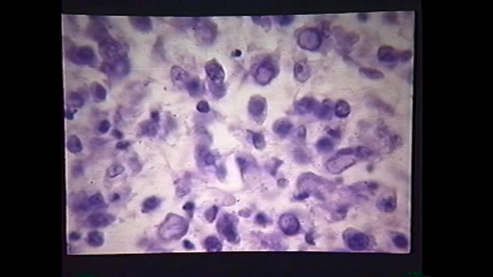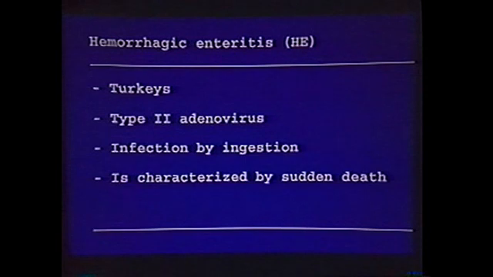These inclusion bodies are so large and push the chromatin of the nucleus to the side, giving a very characteristic appearance. This is called hemorrhagic enteritis in turkeys and is caused by type 2 adenovirus. It is closely associated with the adenovirus that causes splenomegaly in chickens and marble spleen disease in pheasants.